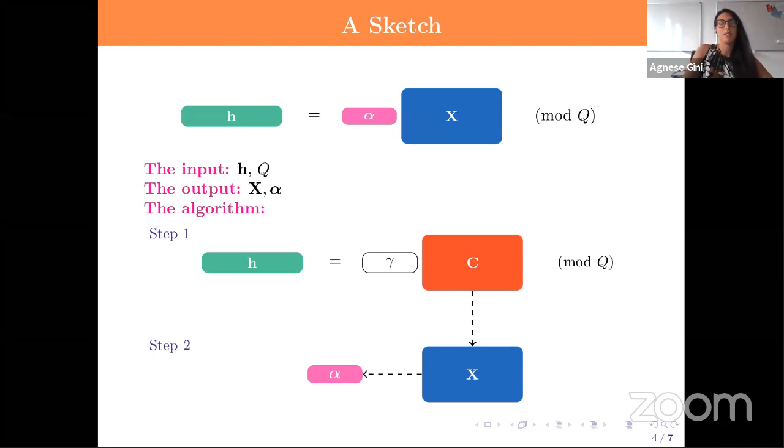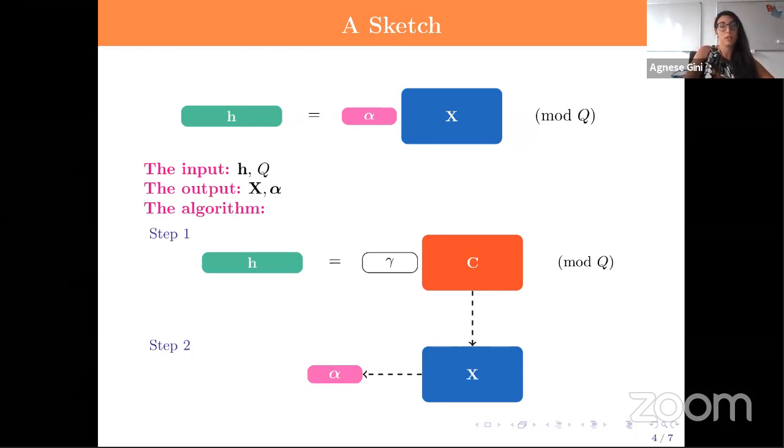In this slide, you can see a sketch of the structure of the Nguyen-Stern attack. Remember that as input, we have h and q, and we want to recover the binary matrix X and the vector of the weights alpha. At the top, you have the relation holding. The Nguyen-Stern attack is divided into two main steps, and our algorithm has the same overall structure.